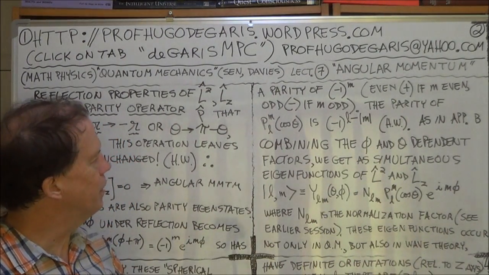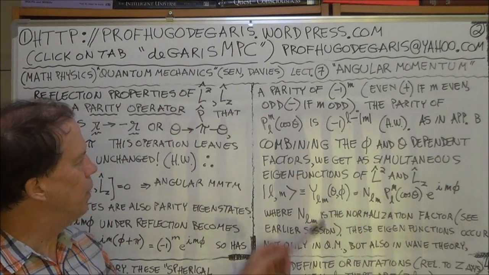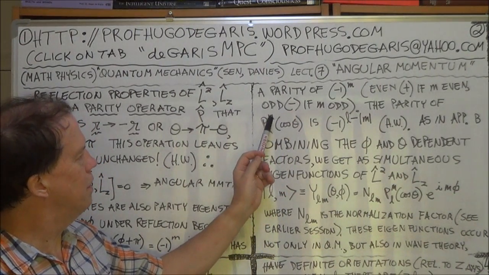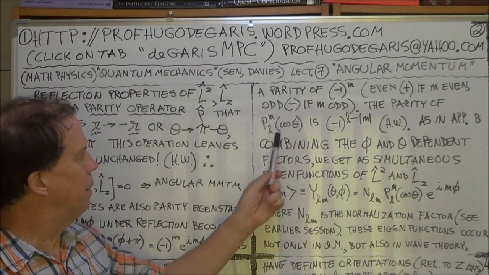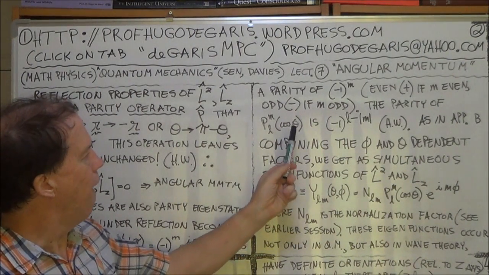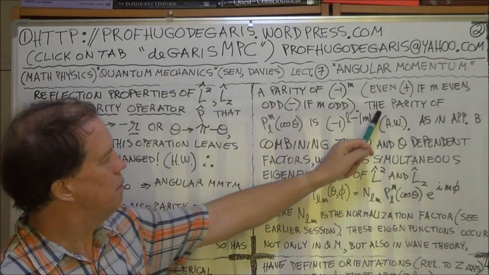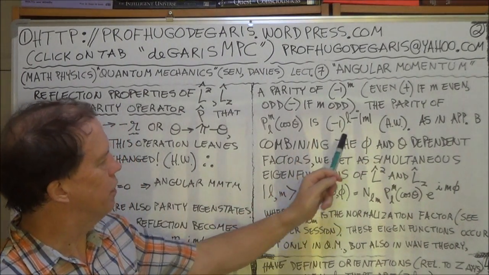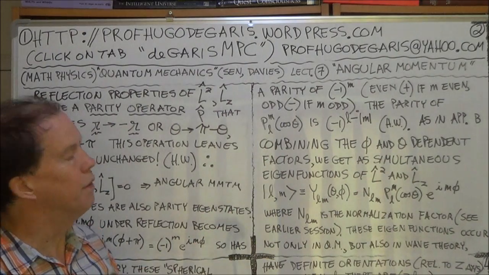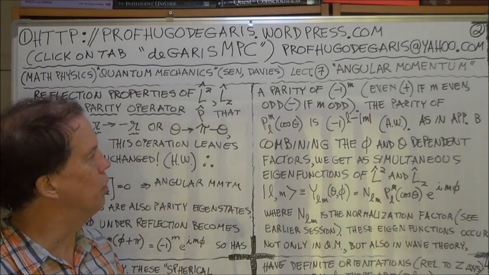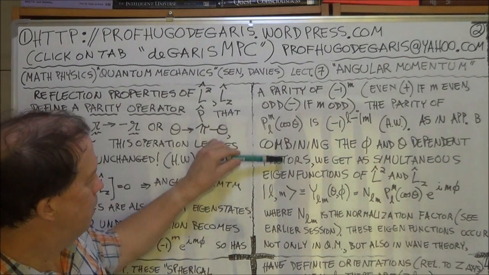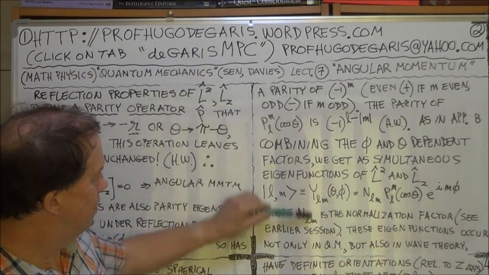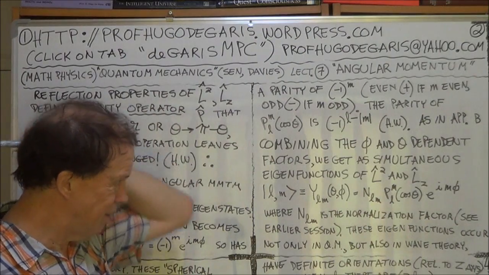So do that for homework. These Legendre polynomials depend on theta, so substitute and see if you can get this expression for the parity of the associated Legendre polynomials. Homework exercise.